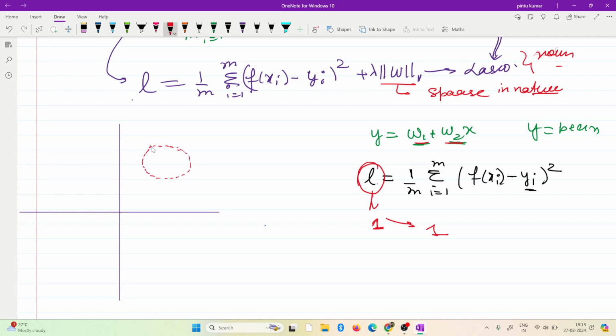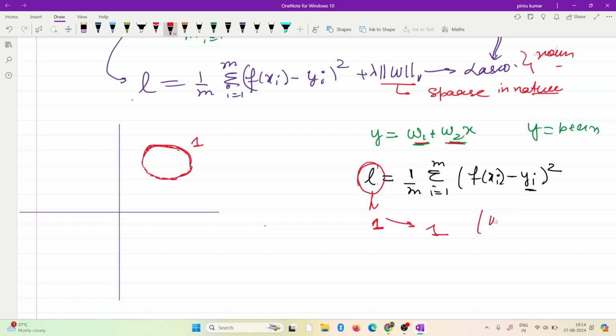On this circle, the value of my loss is 1.